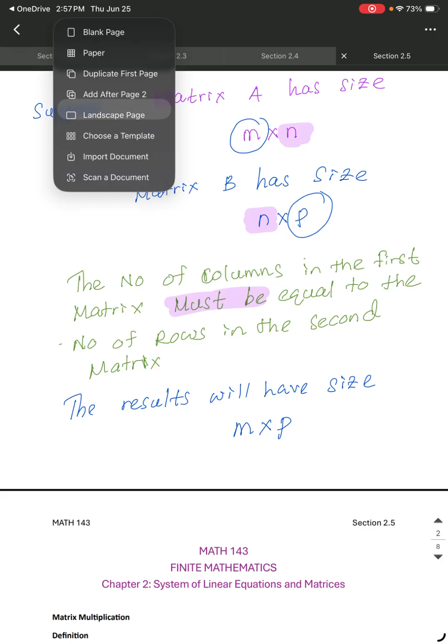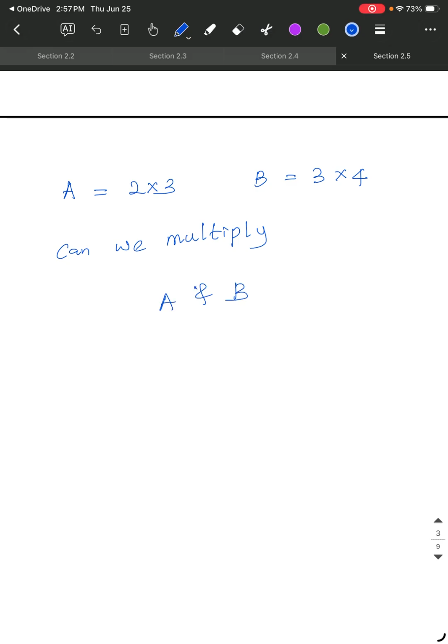Let's see an example carefully. Let's say matrix A is 2 by 3 and matrix B is 3 by 4. Can we multiply A and B?